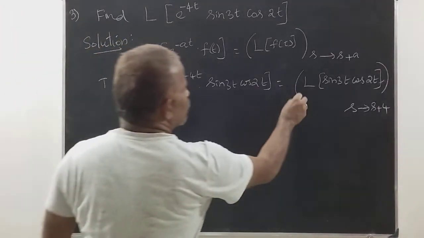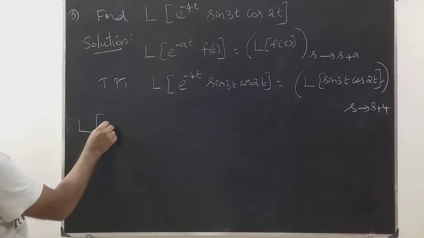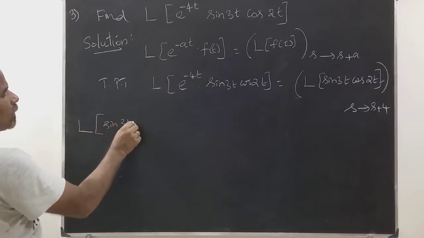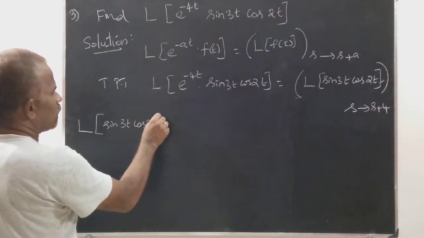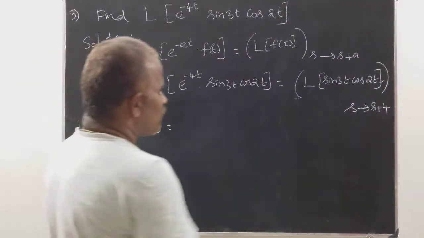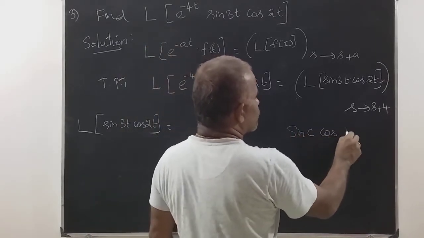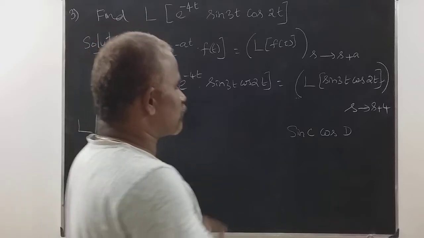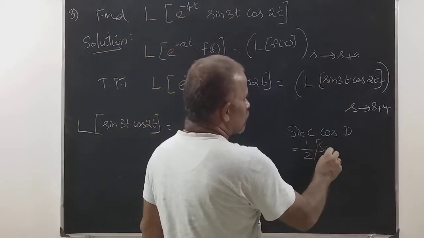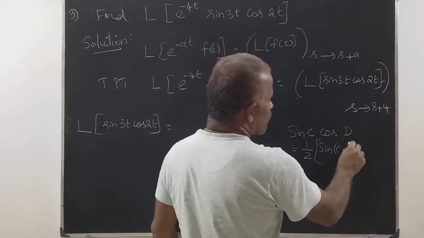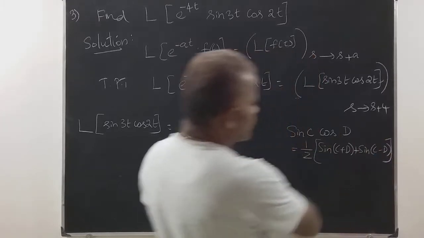So first we have to find out L of sin 3t cos 2t. We know that sin c cos d is equal to 1 by 2 into sin c plus d plus sin c minus d.